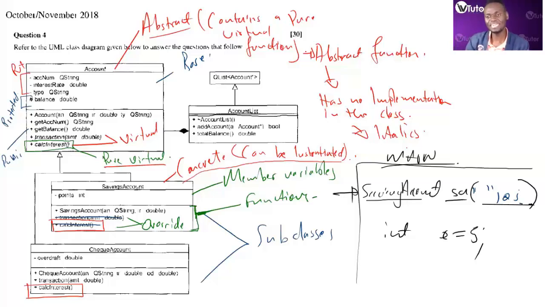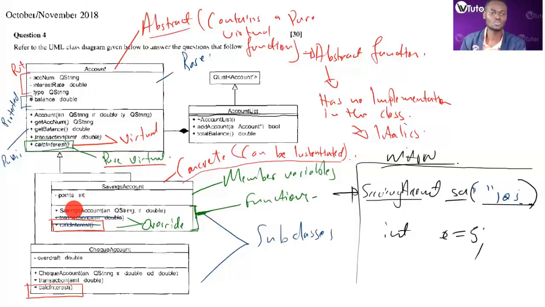So even though you're making an instance of a savings account here, what is happening? You are also instantiating this whole thing here, because savings account is just a mere extension of this thing. So whenever you implement the constructor of a savings account, you must also call the constructor of account, because these two must exist together as one instance.